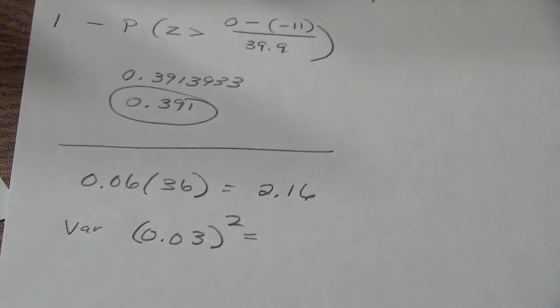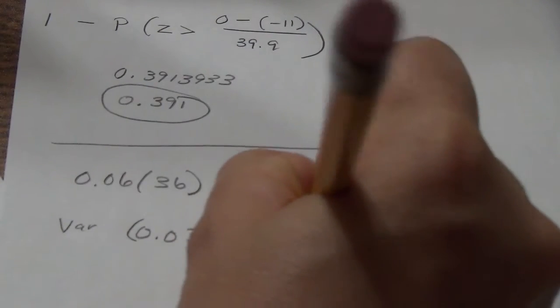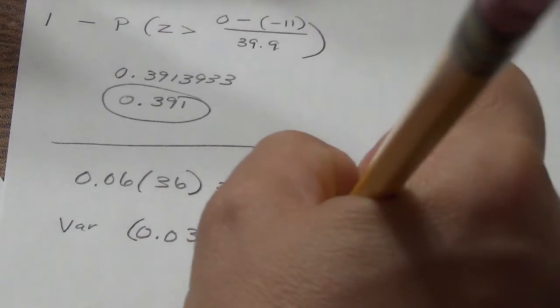So if I grab my calculator again, 0.03 squared. Did I get too many zeros in there? It looks like there's a lot of zeros. Let me type that in again. 0.03, there we go, squared is, that looks better, 0.0009.